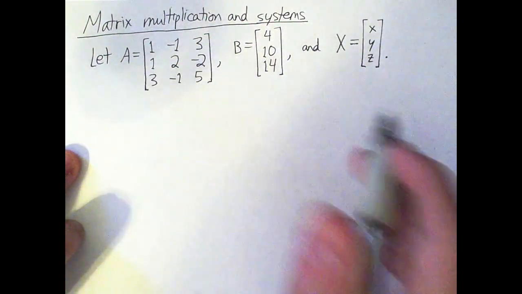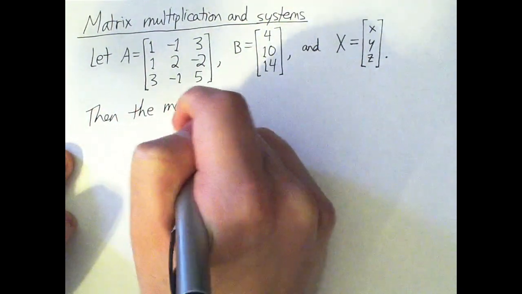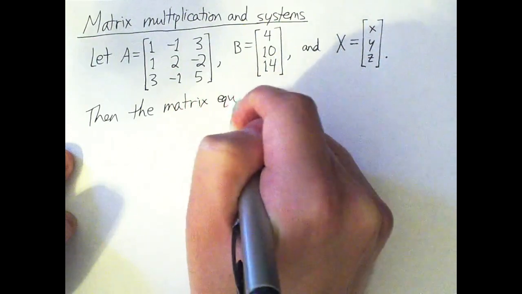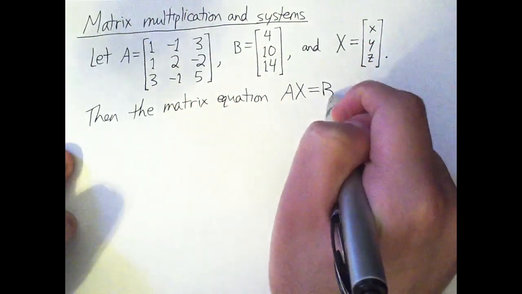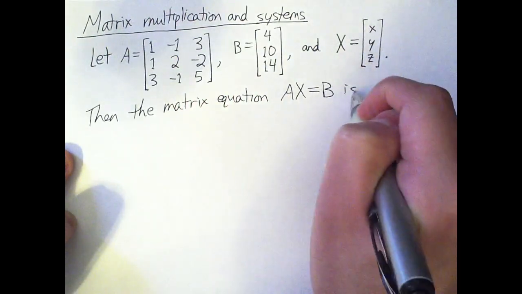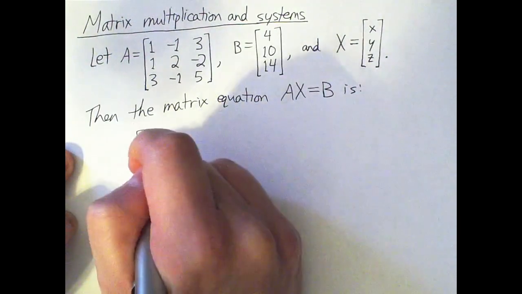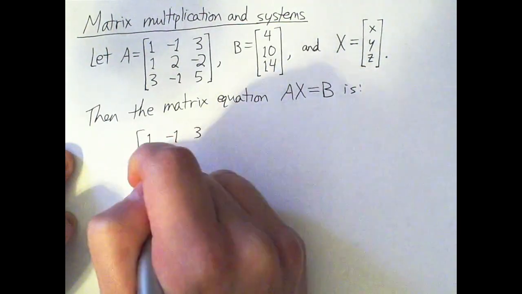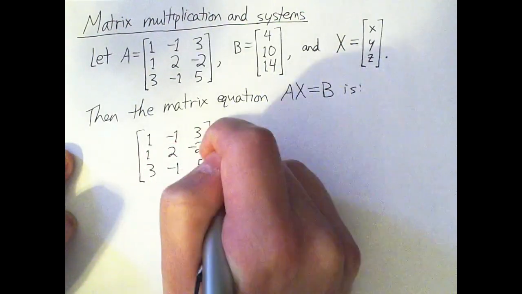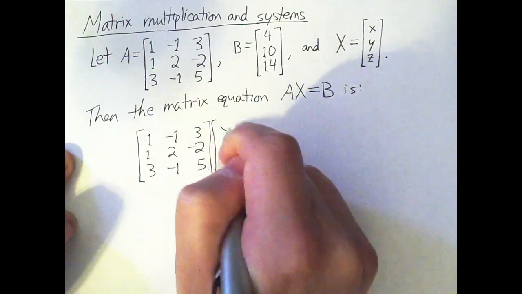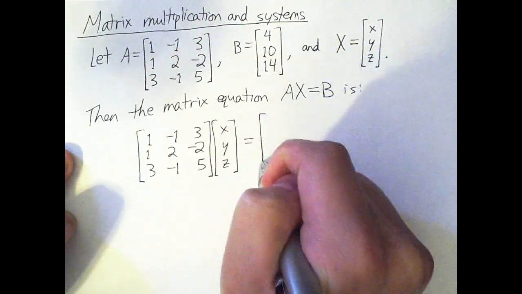If we have these three matrices, then the matrix equation AX equals B is: here's A, here's X. That's the order that I said to do them in. AX equals B.